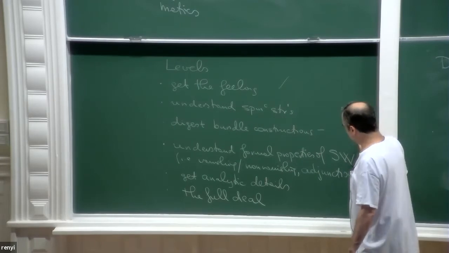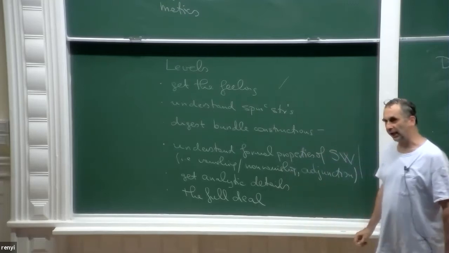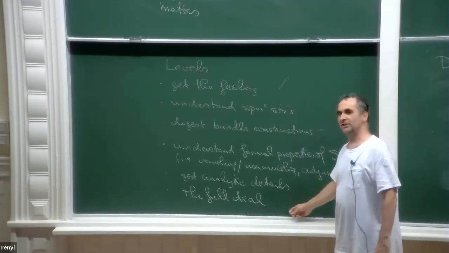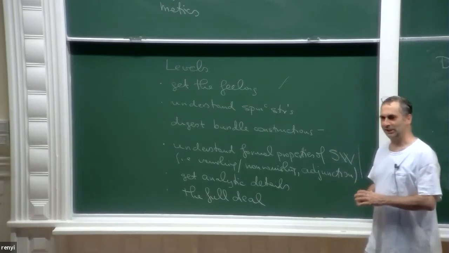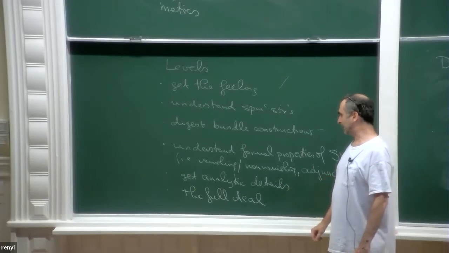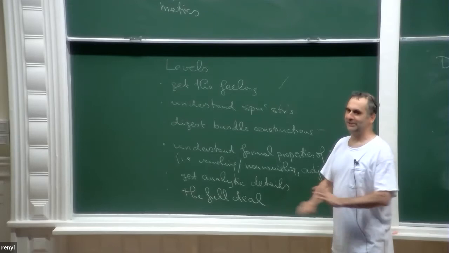The next level would be to understand the formal properties of Seiberg-Witten invariants, which I will do today. And then we are getting close to a really high level of understanding, where you go through the analytic details of the definitions, and at the end, get the full package.